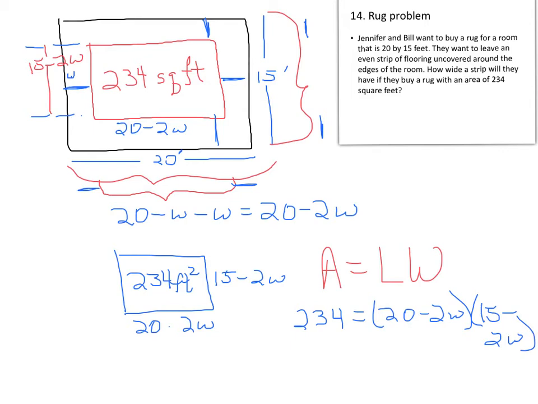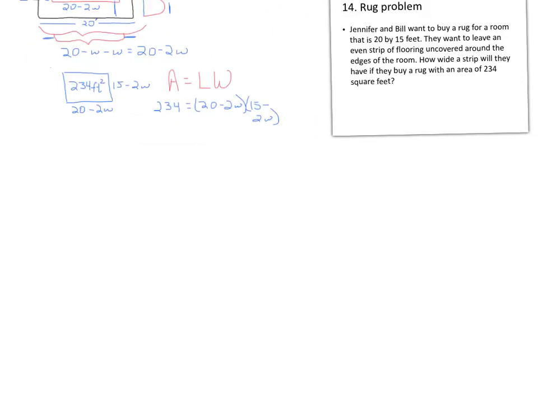And so now we've set up our problem, and we just have to solve it using the techniques we've already learned. Since I'm more comfortable with having my W's on the left and my numbers on the right, I'll rewrite that equation with the W's on the left.